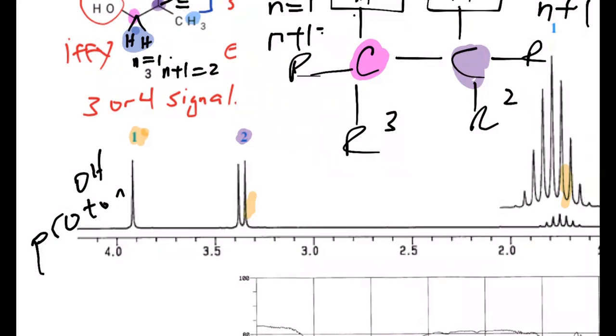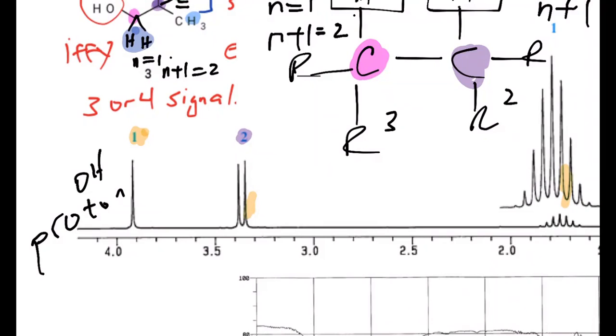Is that right? I think so. Yeah. When you put the proton in an electron poor environment, it's going to move downfield. So you look at that doublet and the protons it represents, those hydrogens are on the same carbon with the oxygen. And oxygen is very electronegative, so it's going to move that signal further downfield.